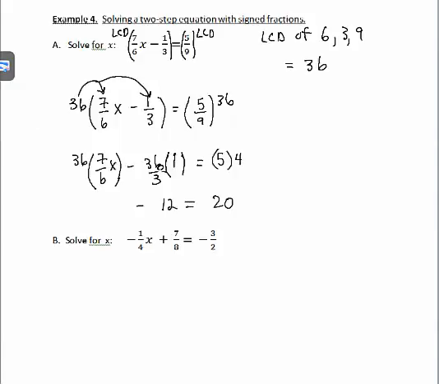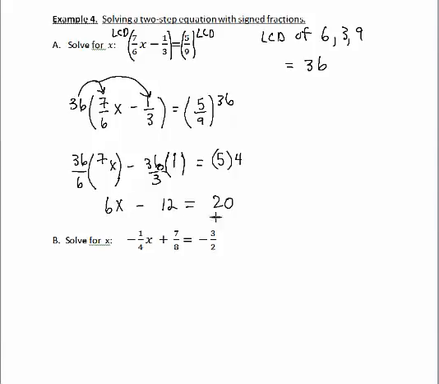Then again, feel free to write this step out, but you're simply taking the denominator and dividing the 36 by it. So 36 divided by 6 is 6. Don't forget about the x. Bring that down along with the 6.